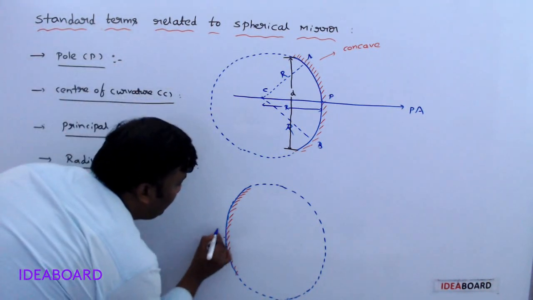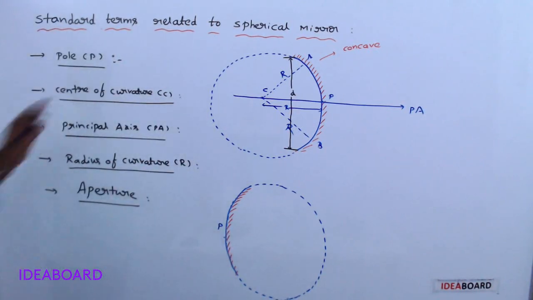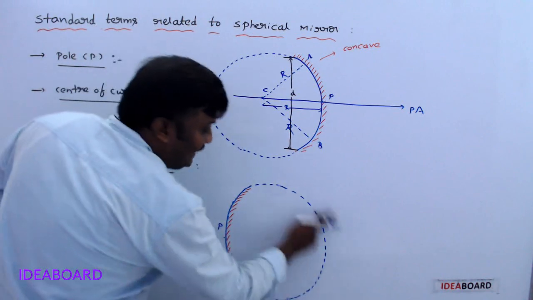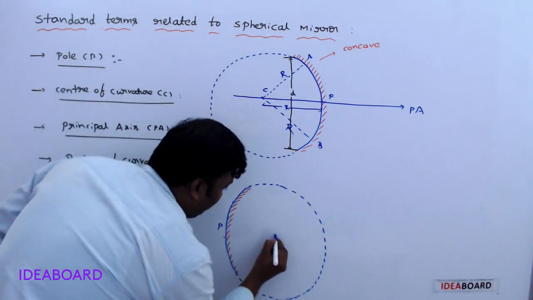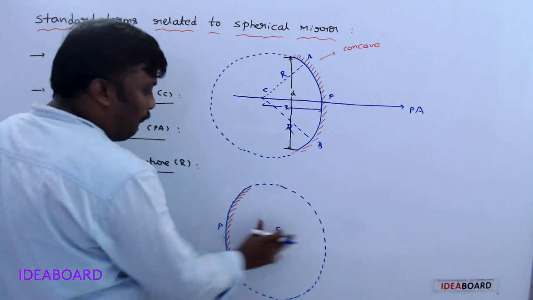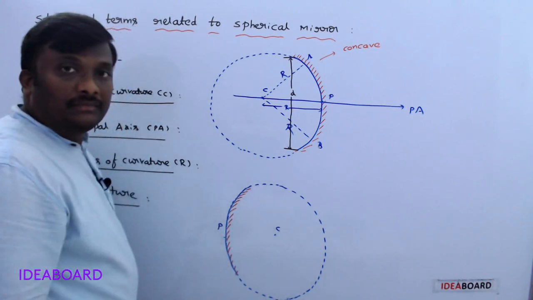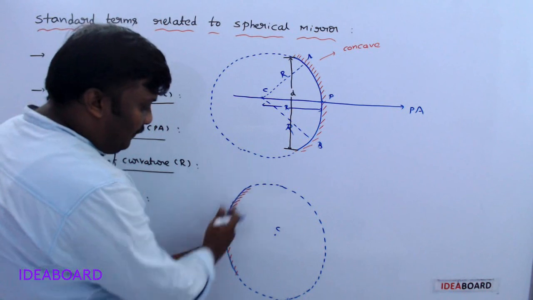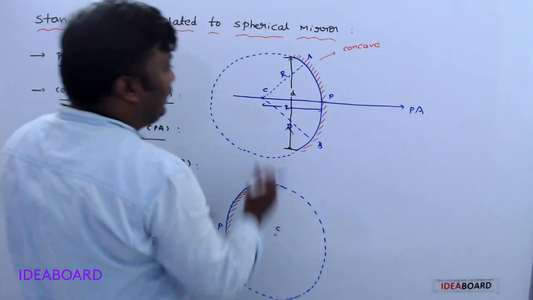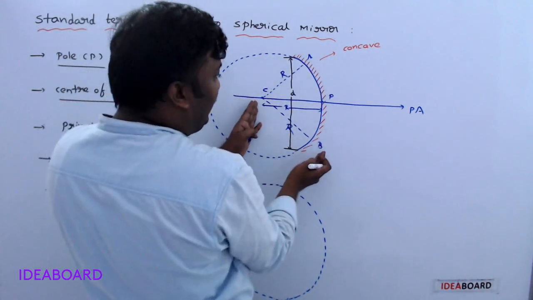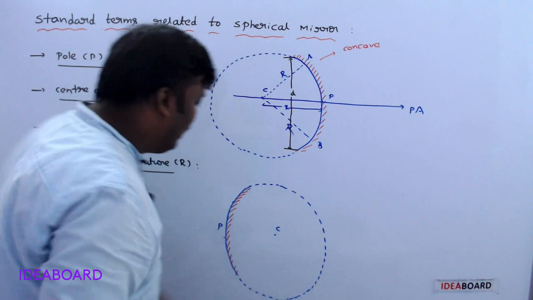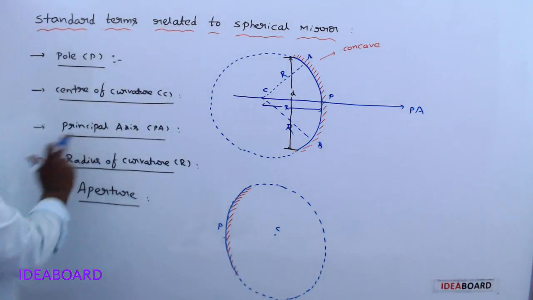C, the center of curvature, is nothing but the center of the spherical shell of which the mirror is a part. Observe, for a convex mirror, the center of curvature is on this side. For a concave mirror, the center of curvature is on this side. Always keep this in mind.